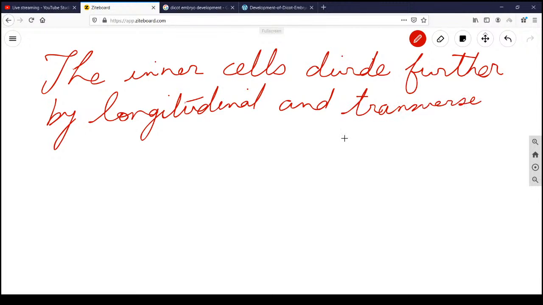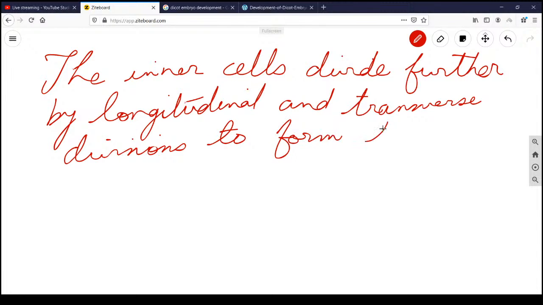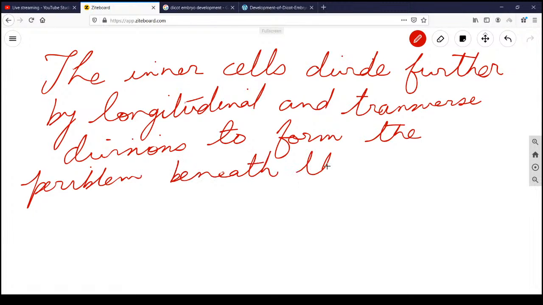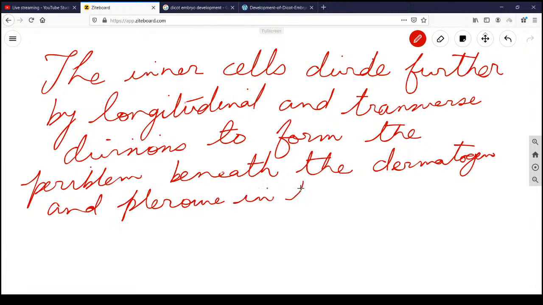So longitudinal and transverse division to form the peribelum beneath the dermatogen and plerome in the central region.